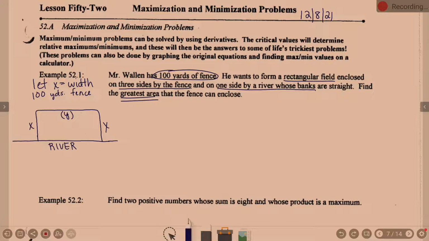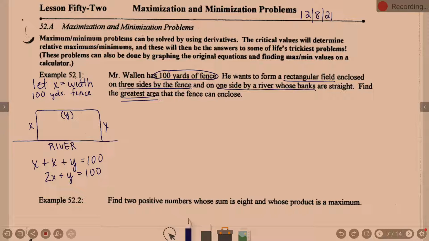What's the other piece of information provided that connects x and y? Yeah, 100, right? Because there's 100 yards of fence, and what's going to equal 100 yards of fence? 2x plus y. I was just trying to write 2x plus y equals 100.